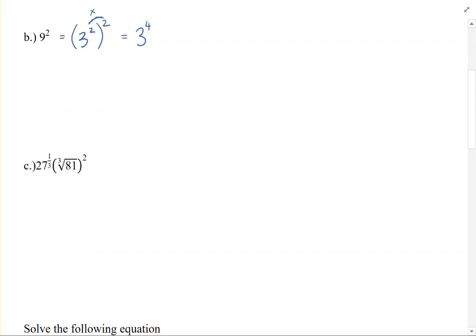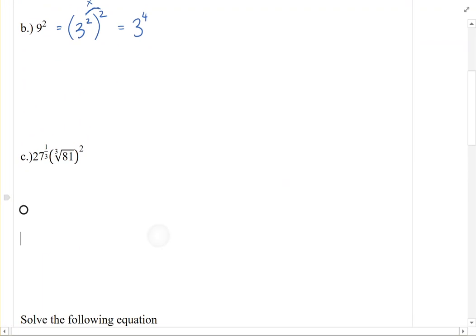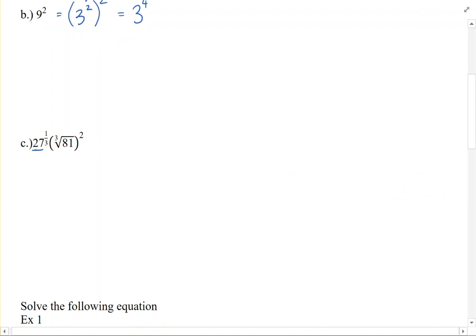And the third one here, now this one looks a bit more complex, so we'll need to rewrite a couple of things. Now 27, we already know from part A, could just be written as 3 to the power of 3, and this whole thing is to 1/3.